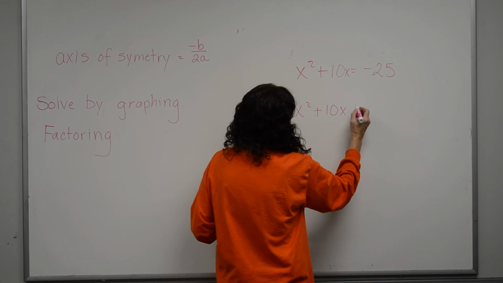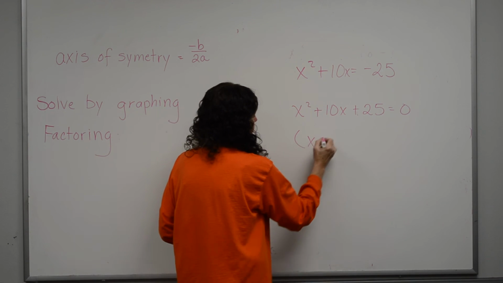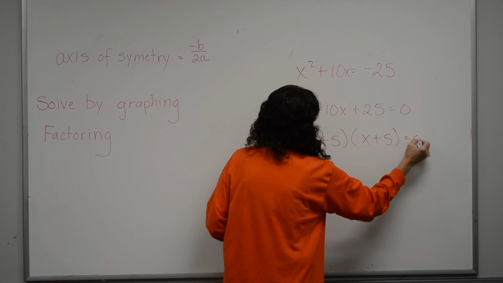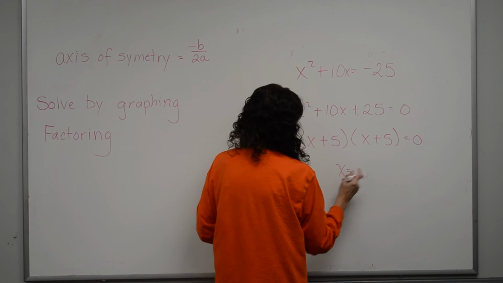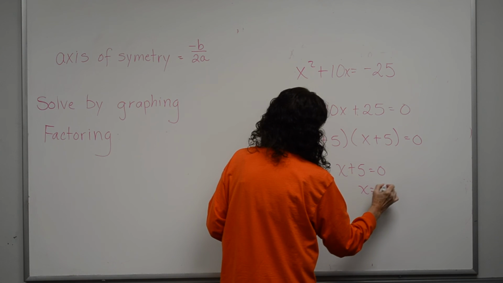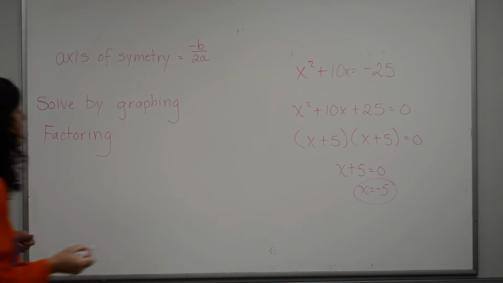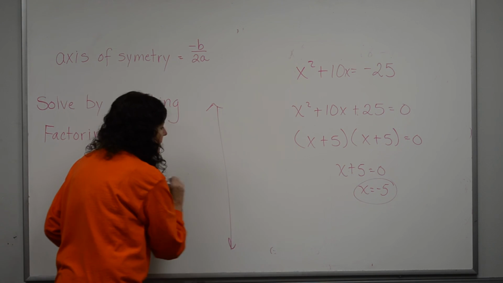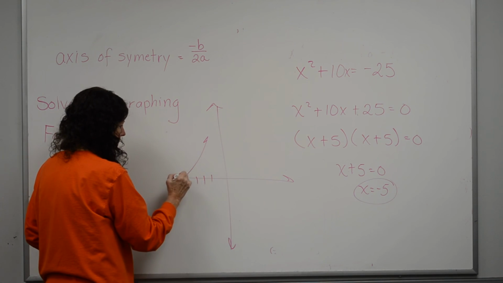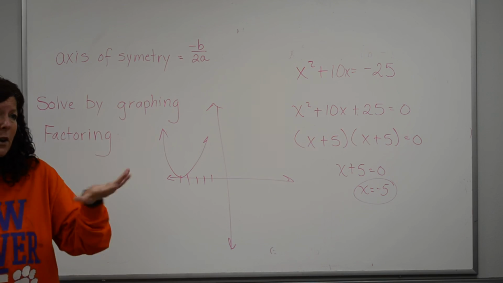I'm sorry. That should change things. I just left off the X. Okay, you know what that means? It means you have a parabola. I don't really know exactly what it looks like, but I know that it comes down here and touches the graph at negative 5. Okay, so you kind of hopefully see how it all falls together.